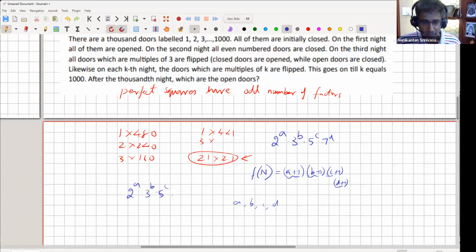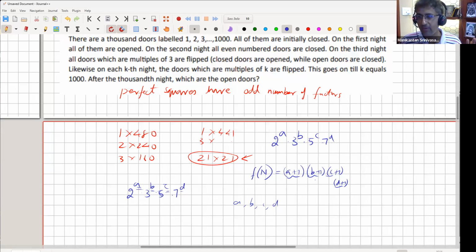I'm sorry, guys, if I uttered something rubbish. But the point is, for a perfect square, a, b, c, d all will be even, which means when you add one, you'll get a product of odd numbers. Only then the product will be odd, and only then you'll have an odd number of factors.